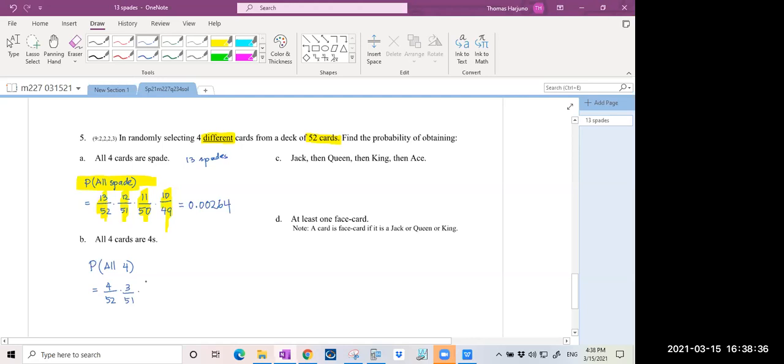What is the probability the third one is also a 4? 2 over 50. That's right. And then the last one is 1 over 49. Okay, and then from there, you use your calculator. You can see the result from the solution I posted there.